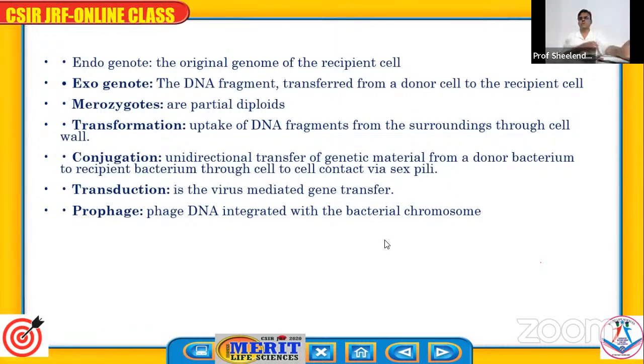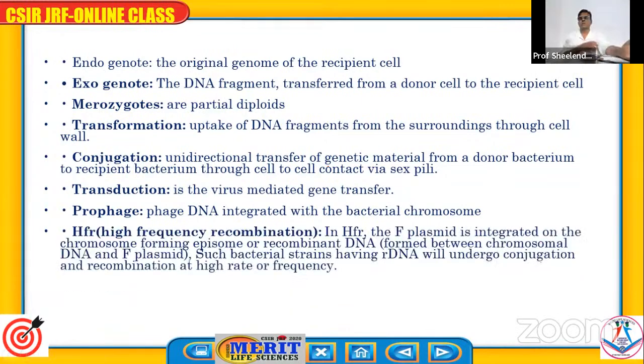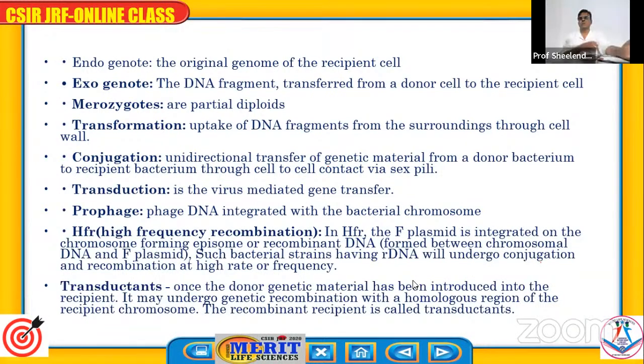Another term you will be using is Hfr, high frequency recombination. In Hfr, a plasmid is integrated on the chromosome, forming an episome.